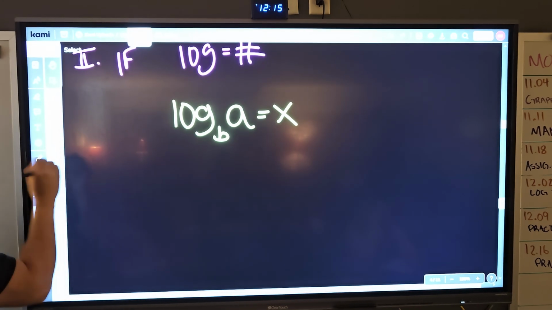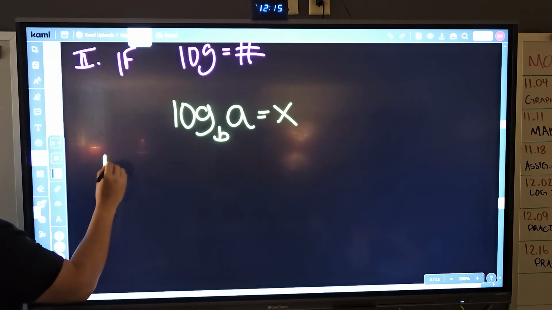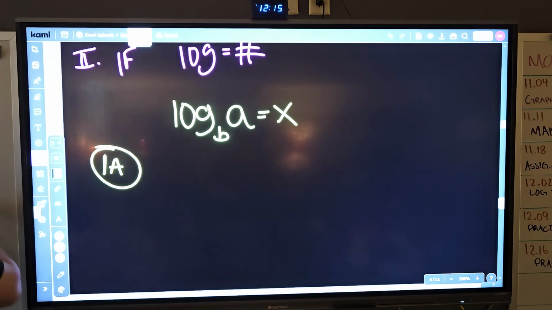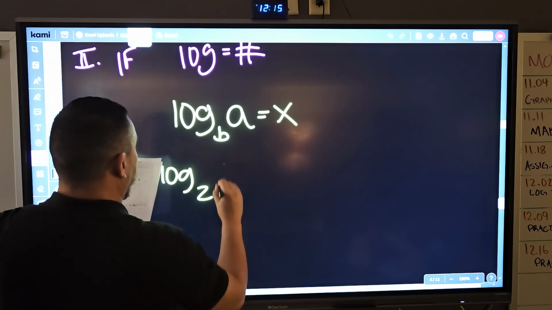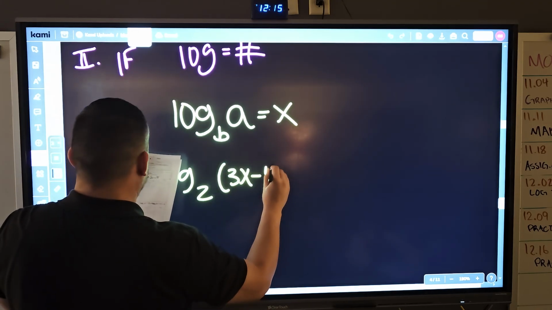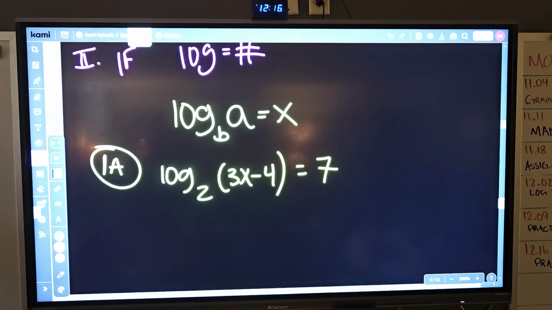Let's do this. 1a. log base 2 of (3x minus 4) equals 7. So the question is, is it in the proper form? Does it look like this?